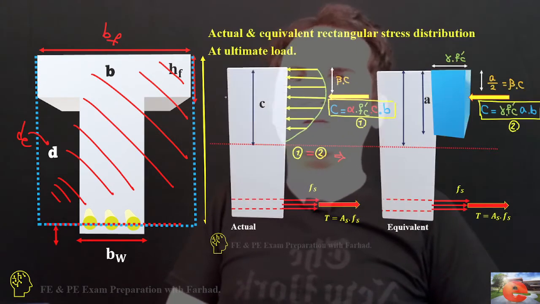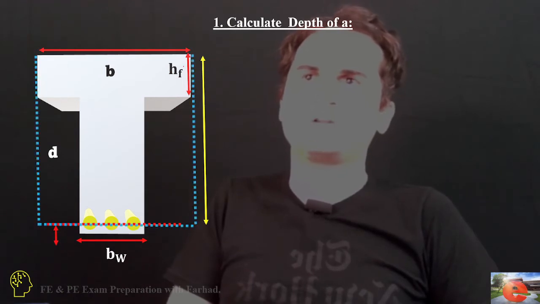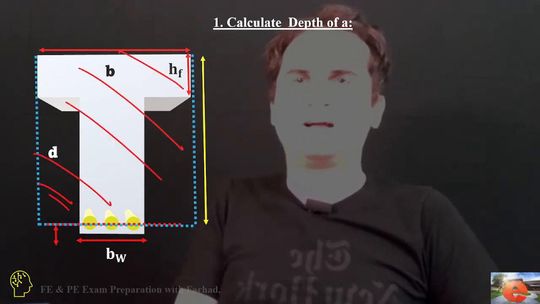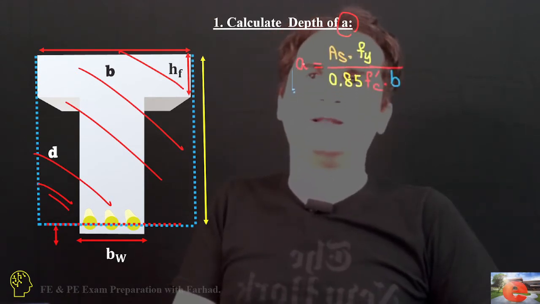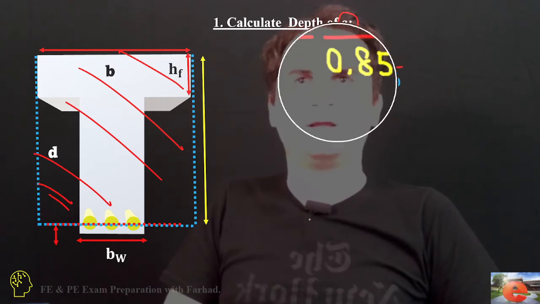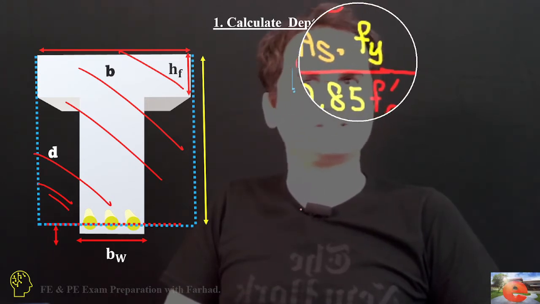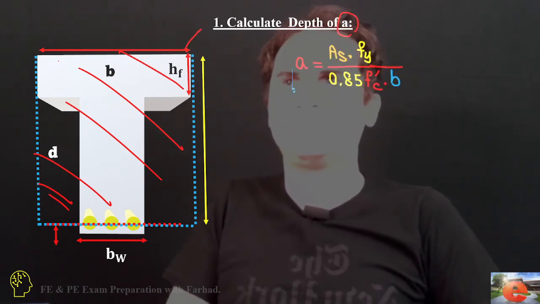Then we calculate the depth a, the height of the Whitney block: a equals area of steel times yield strength of steel over 0.85 f'c times b, which is the width of the flange.